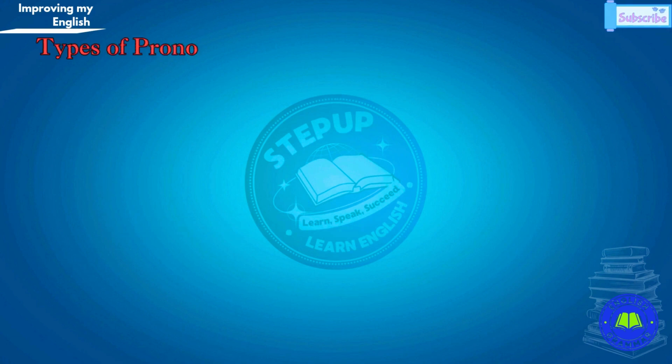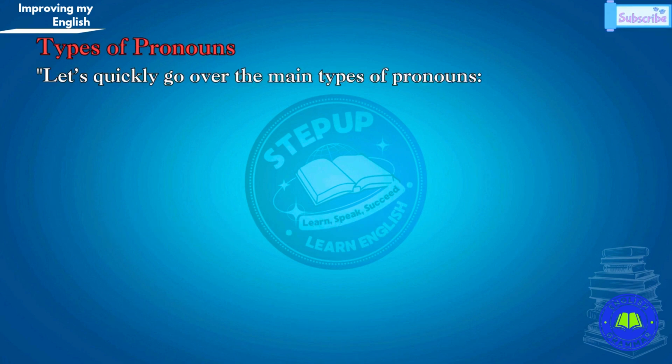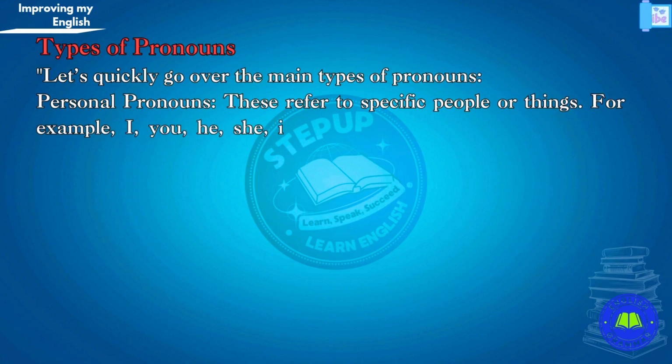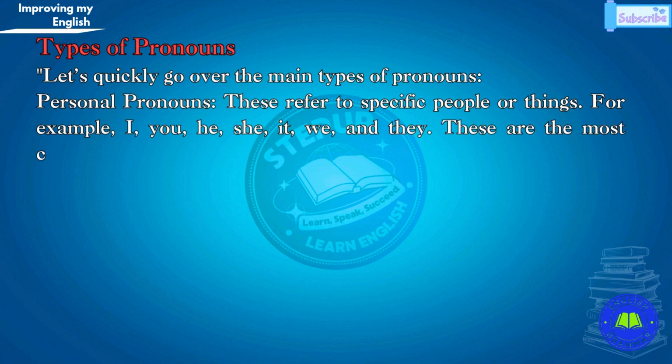Types of pronouns. Let's quickly go over the main types of pronouns. Personal pronouns. These refer to specific people or things. For example, I, you, he, she, it, we, and they. These are the most common pronouns we use in everyday conversation.